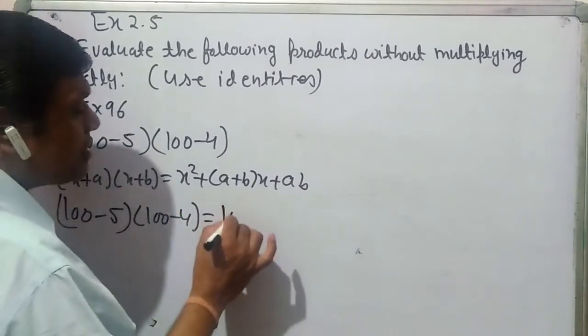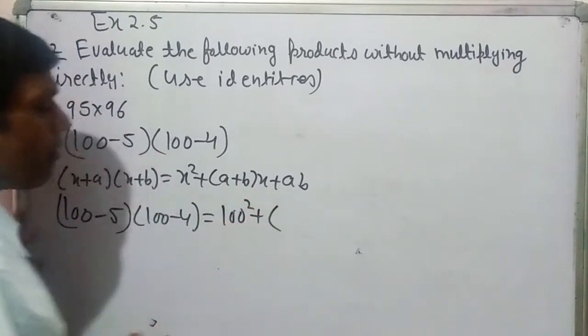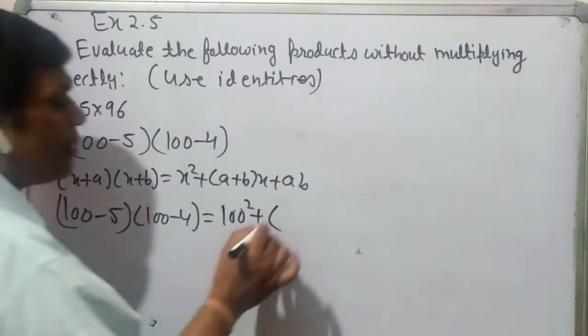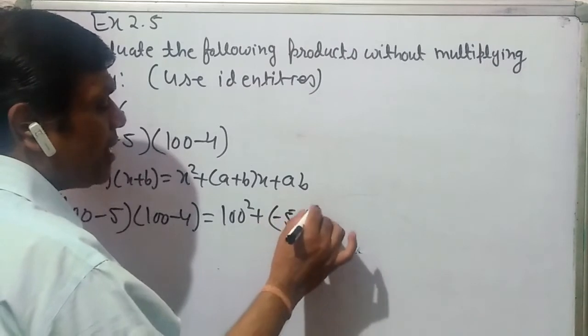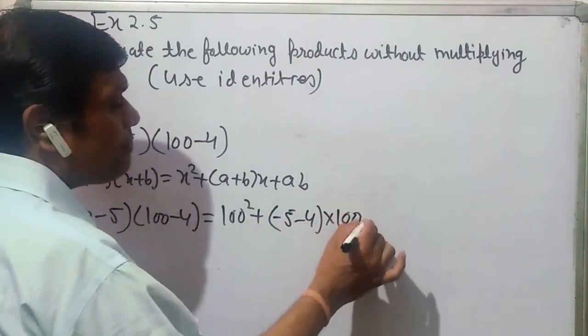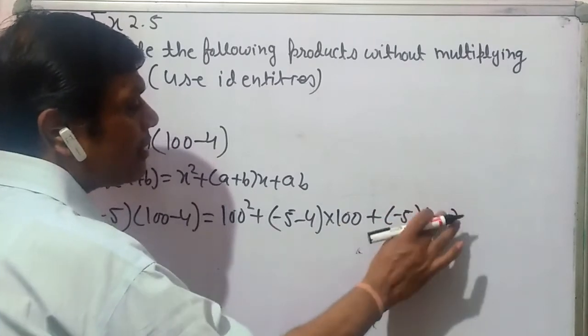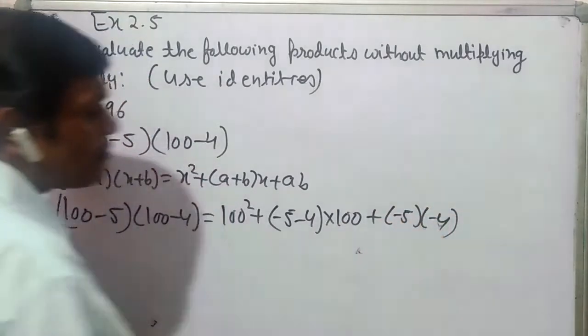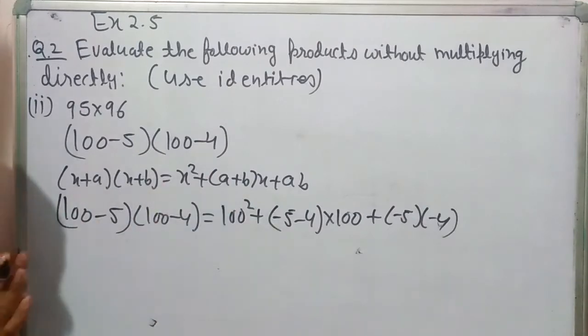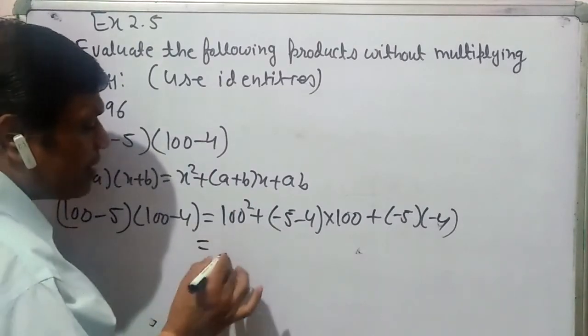x square means 100 square. a is minus 5, b is minus 4, multiplied by 100. a is minus 5, b is minus 4, so a into b. Okay? Solve it.